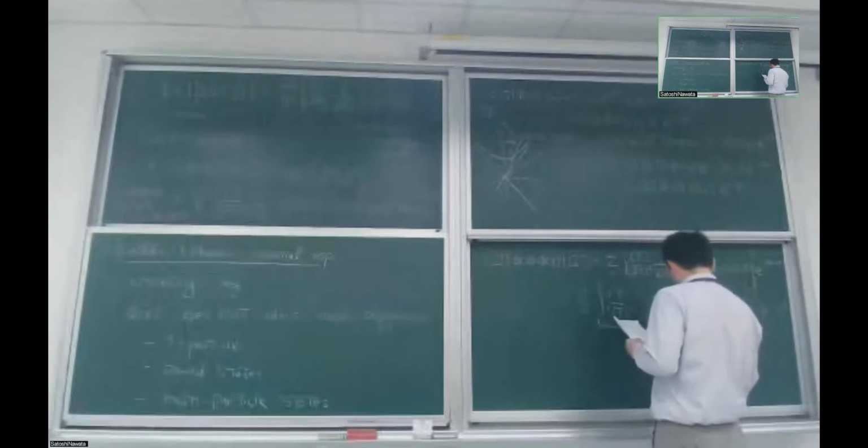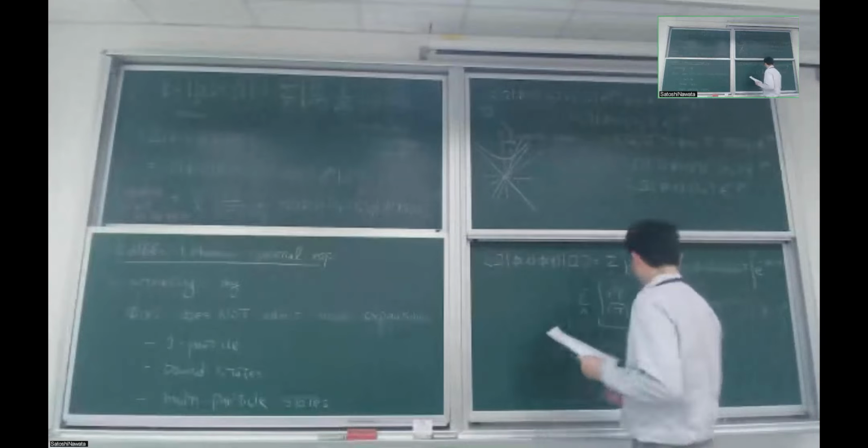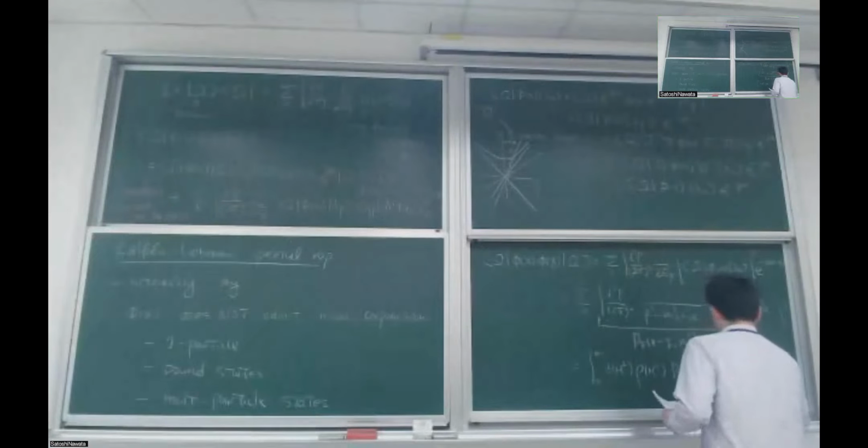Maybe I call it m lambda squared. Then we can rewrite this as the integral from 0 to infinity d m squared rho of m squared, and then D_F of x minus y.